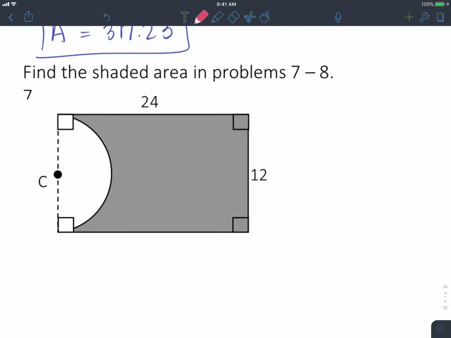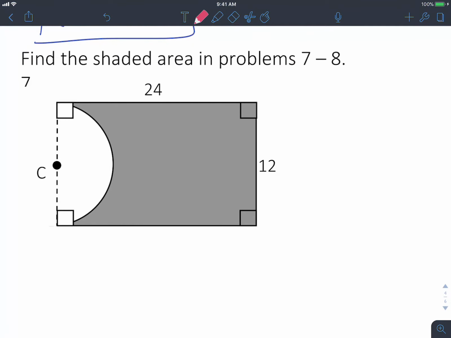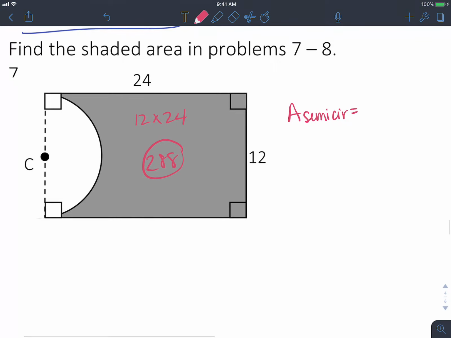Okay. 7. So we're going to find the area of our rectangle and then the area of that half circle. So the rectangle is going to be easy. Base times height, 12 times 24. And 12 times 24 is going to give us 288. Then we're going to have our semicircle. So semicircle, we know that our radius has a length of 6.